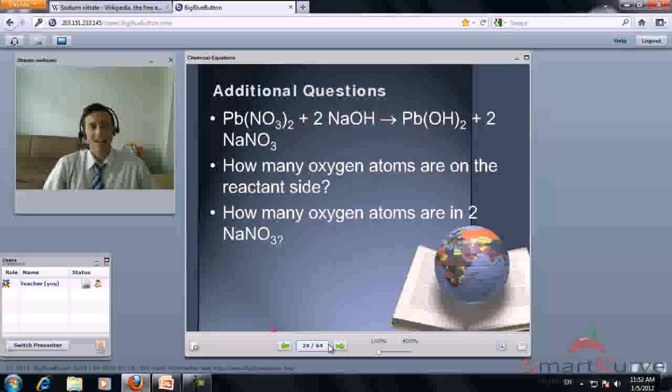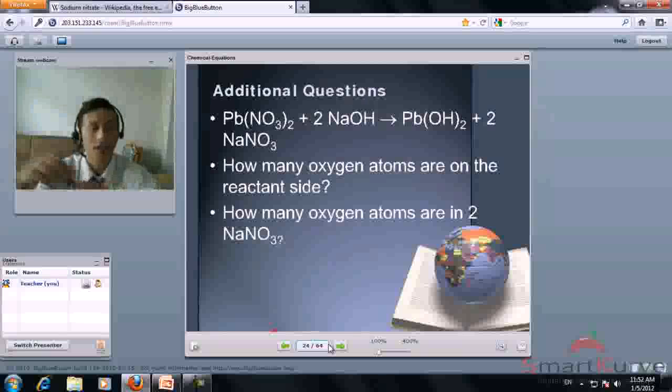This is a very interesting chemical reaction. We have lead nitrate, which could be used as a fertilizer, and sodium hydroxide, lye, reacting to make sodium nitrate. Sodium nitrate is an explosive. So this chemical reaction shows the production of an explosive.